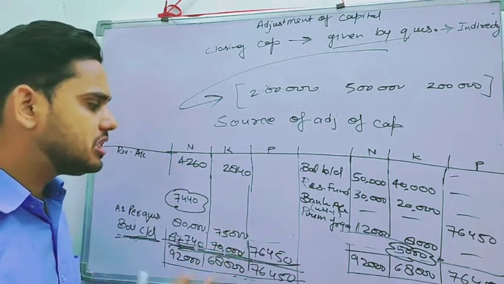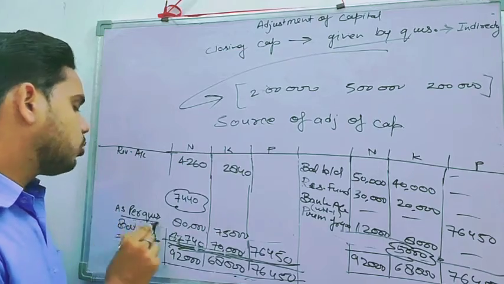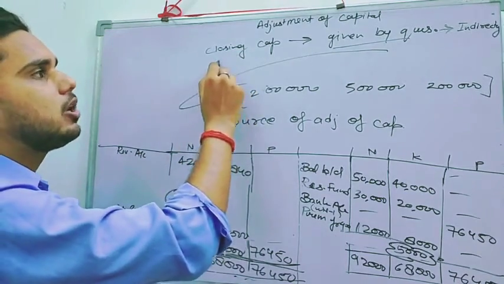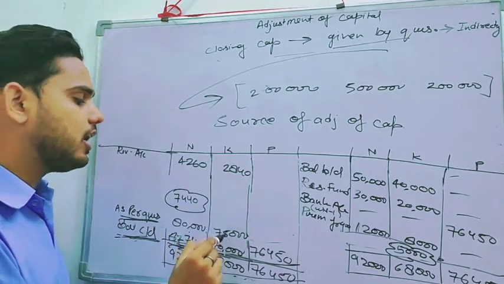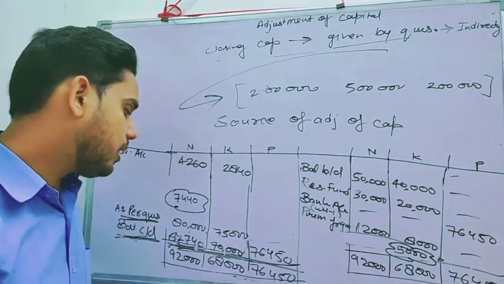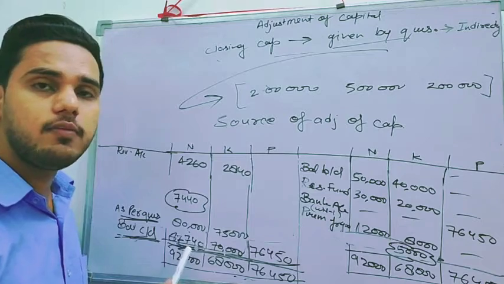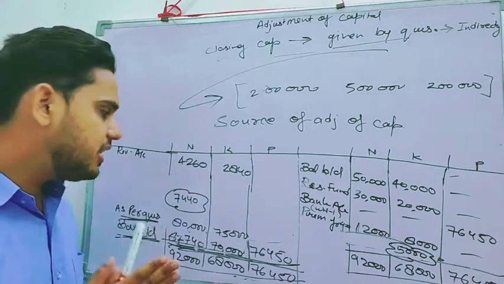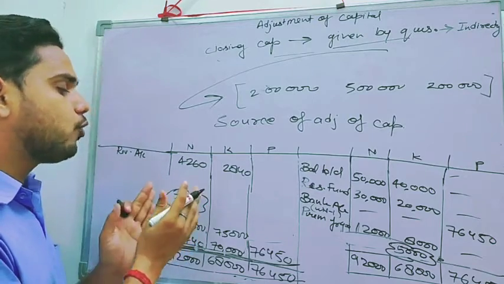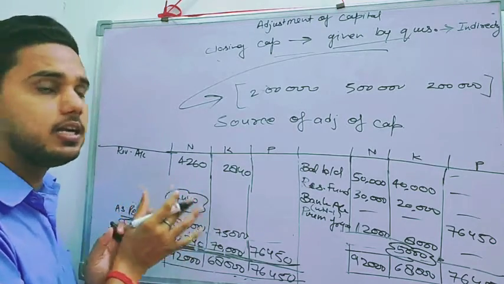But as per the quotient, which I have written, the closing capital should be 80,000 for N and 75,000 for K. We know it should be 87740, but if we write the closing as 80,000, there will be a 7440 difference on the debit side.